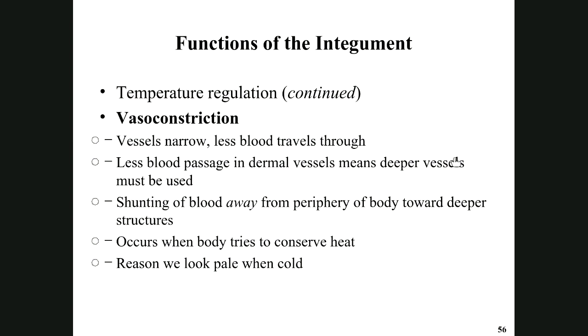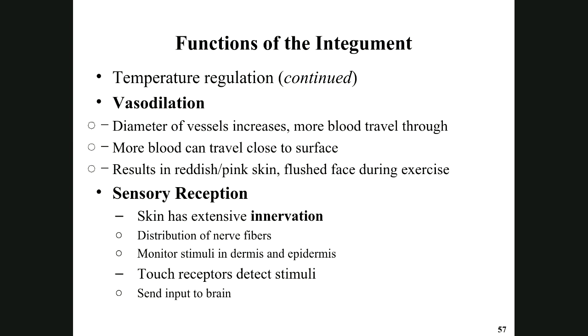And when we have vasodilation, the diameter of the blood vessel increases, more blood can travel to the skin, and the result is reddish pink skin and a flushed face during exercise. And our skin has sensory reception. The dermis of the skin has extensive innervation, which refers to its distribution of nerve fibers.